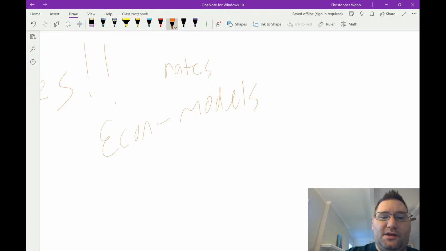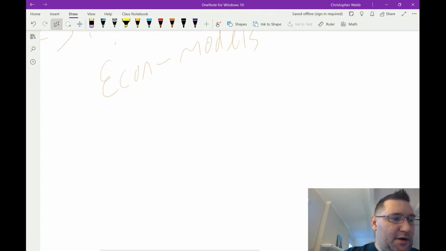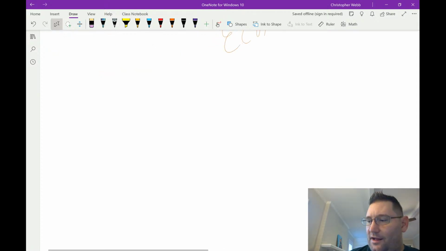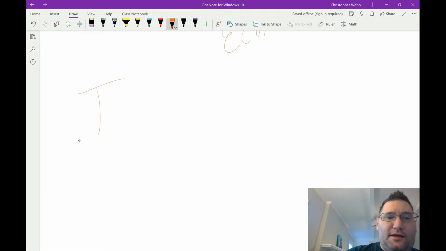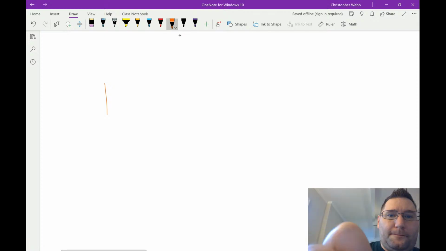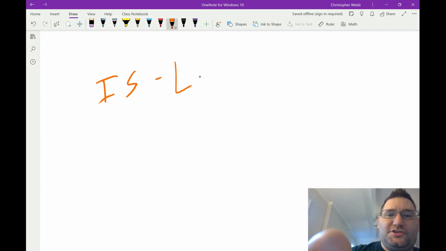So econ models. And what we're going to do is talk about what we call the IS-LM model. I'm going to go a little bit further in so it's a little darker for you guys on the screen here. Let me make it a little bit larger. So the IS, and we kind of put a dash there, LM model.